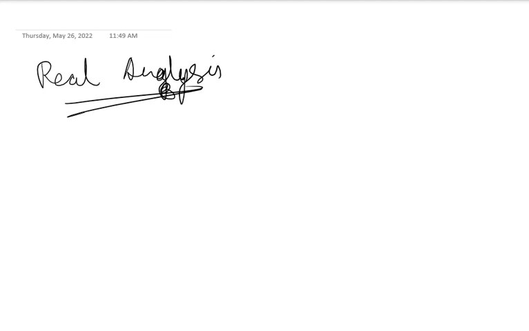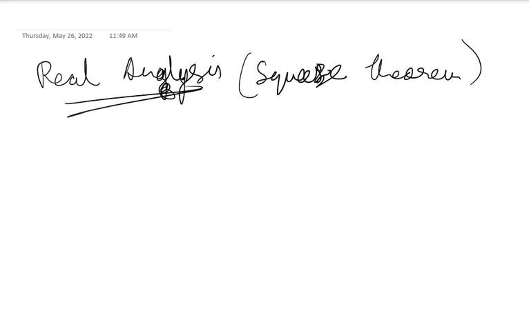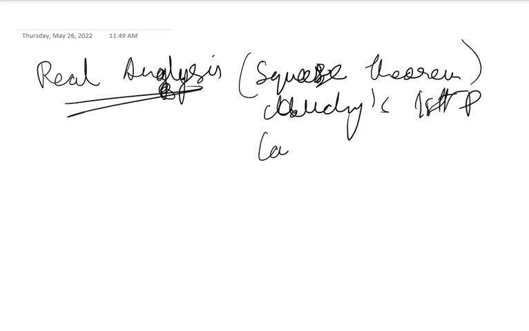So in the previous video on real analysis, we had done the squeeze theorem, squeeze principle or theorem, then Cauchy's first principle, then Cauchy's second principle.